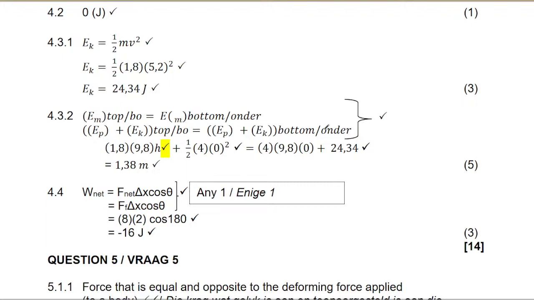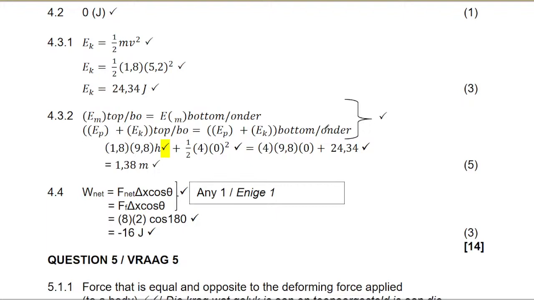Mechanical energy at the top of that height is equal to mechanical energy at the bottom as that brick hits the ground. We are going to have 1 mark for the equation, whether the learner broke it down or wrote it as the first equation like it is indicated there. It will be 1 mark.